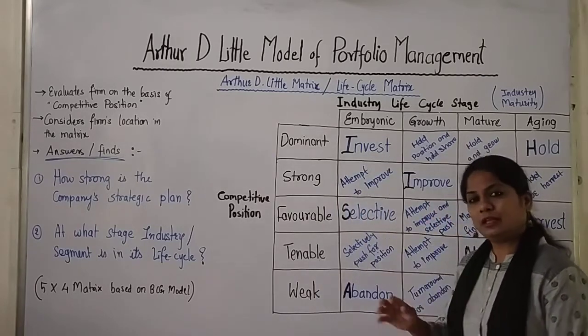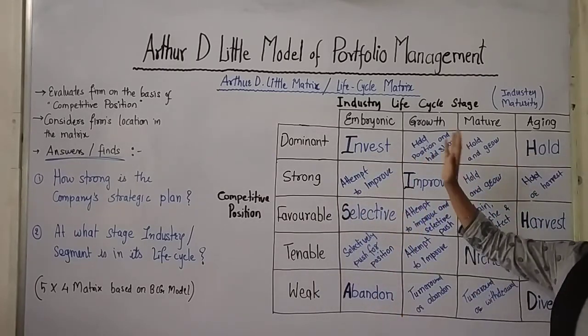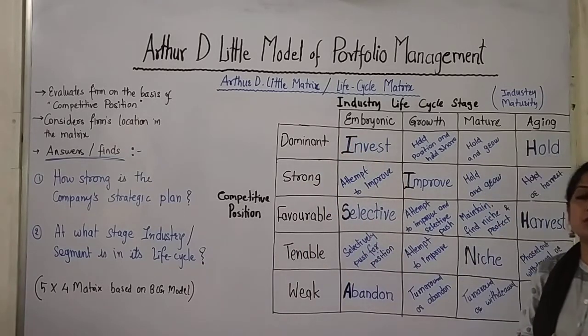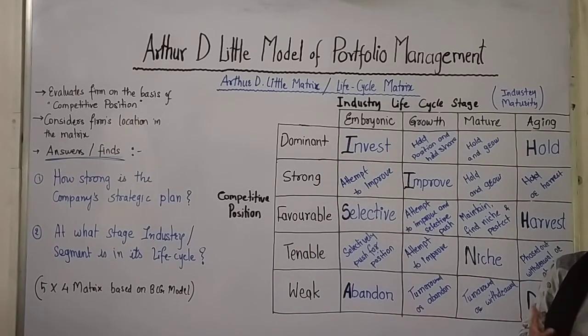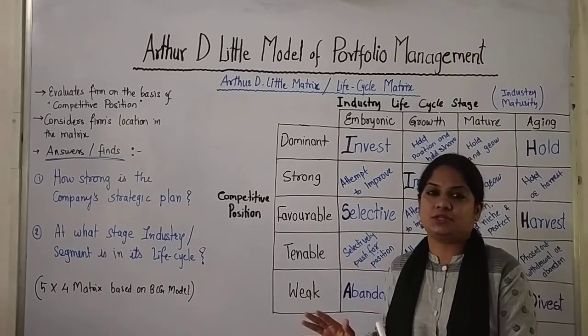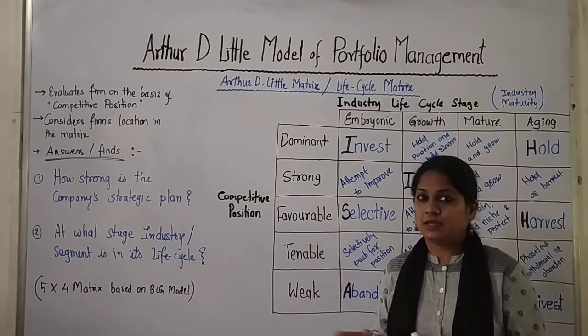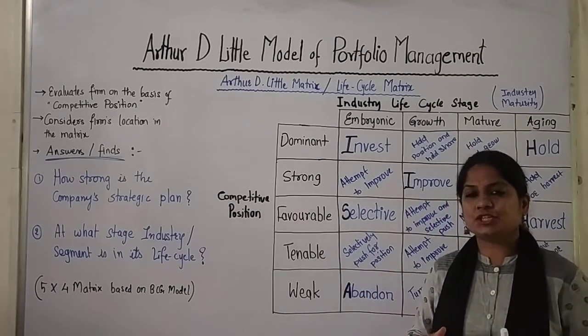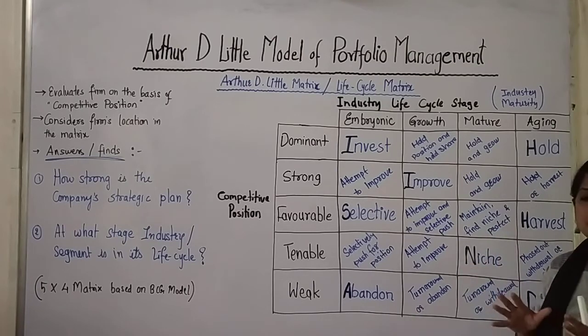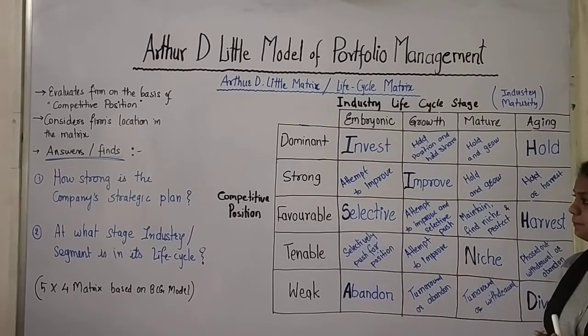Fine. So if we are considering these 4 stages and 5 competitive positions in a matrix form, or in a combination, whichever combination we are in, what action should be taken is suggested by this matrix. I will repeat, what actions can be taken according to your position in the matrix is suggested by this matrix.